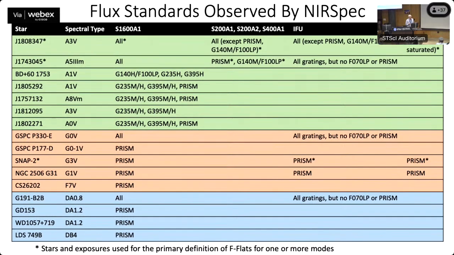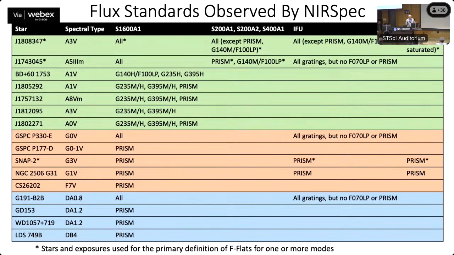The other thing to note is that for the fixed slit, we can use small subarrays, which means we can get a big dynamic range. So we can observe even bright stars with the prism, which is the low dispersion mode. But the MOS and the IFU mode require full frame detector readouts, which are rather long.